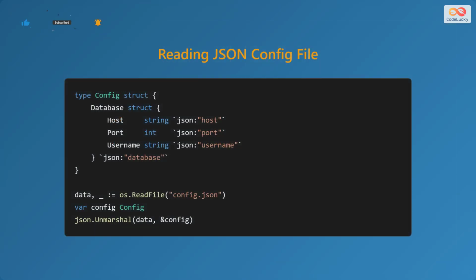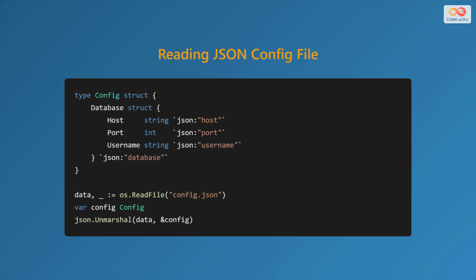To read JSON configuration files in Go, we need to define a struct that matches our configuration structure. Each field in the struct uses JSON tags to map to the corresponding keys in the configuration file. The Config struct defines a Database field, which itself is a struct containing host, port, and username fields.